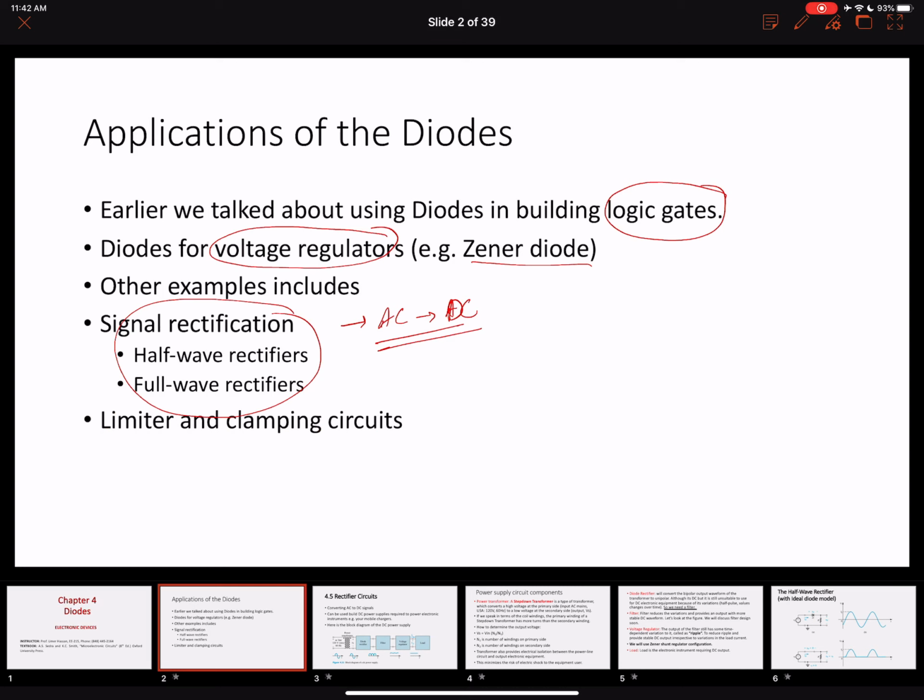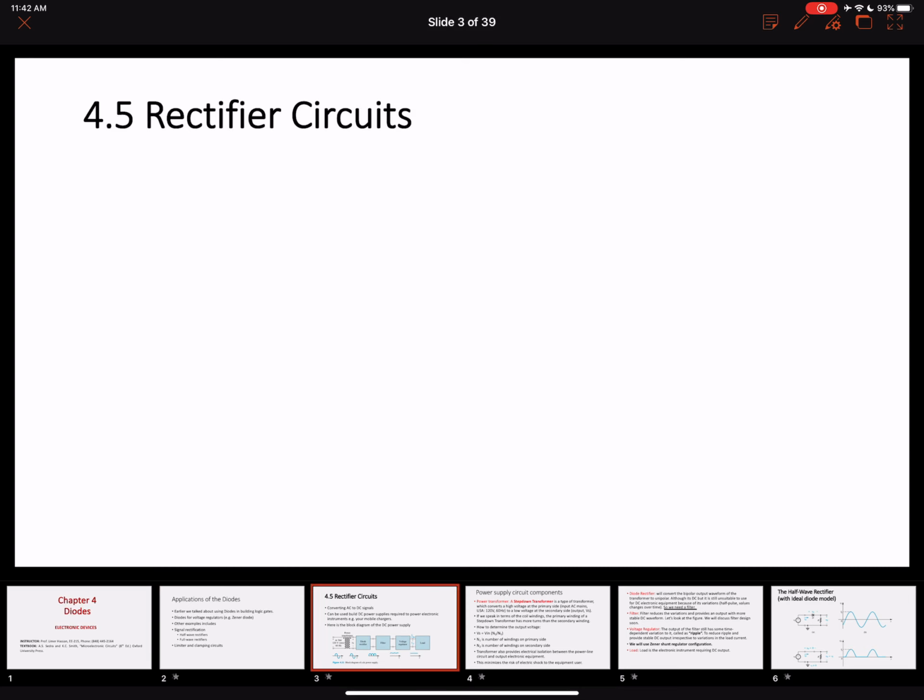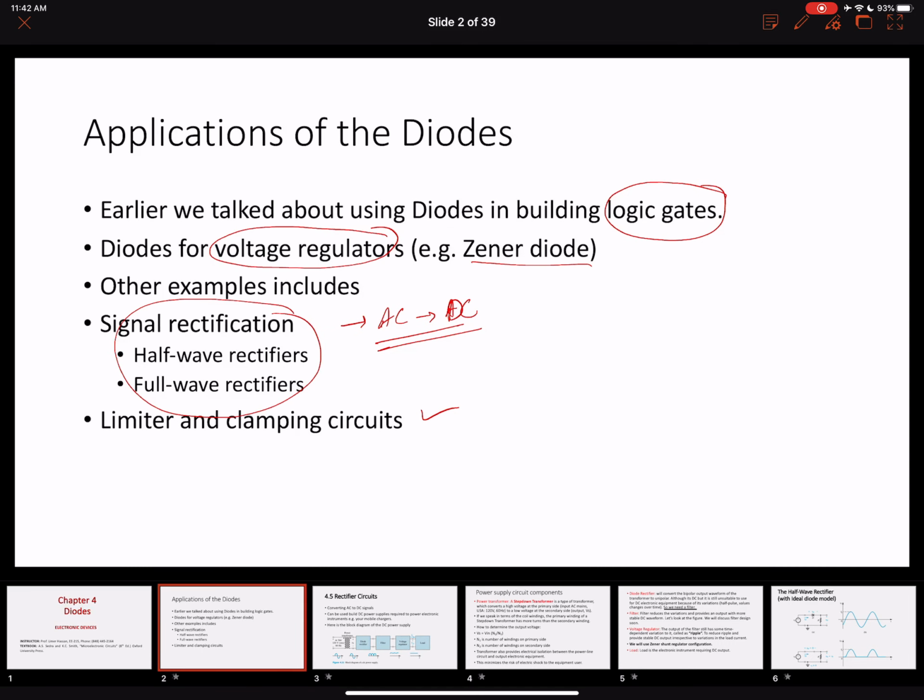There are some other applications that we are going to talk about in the next lecture, that are part of our course before we finish this chapter, which includes limiter and clamping circuits. We will see how we can design certain circuits that will limit voltage values, a certain maximum voltage across the outputs. So we're going to talk about that as well.